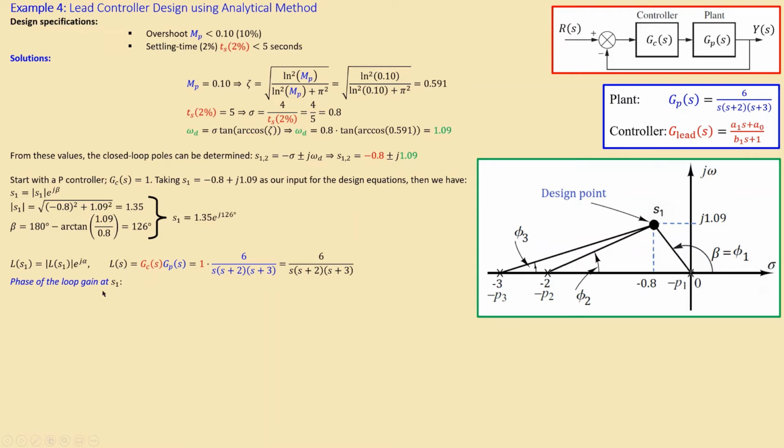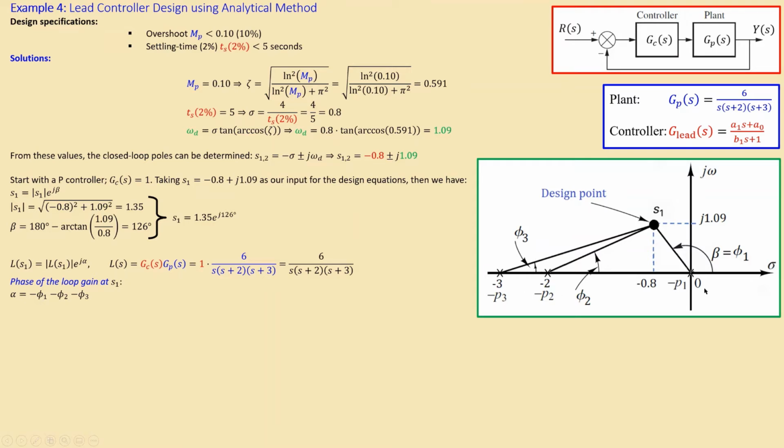Now the phase of the loop gain at S1 is actually the phase contribution of the loop transfer function evaluated at the design point. So if I look at the alpha, which will be then phi 1, which is the phase contribution of pole 1, phi 2, which is the phase contribution of pole 2, and phi 3, which is the phase contribution of pole 3.